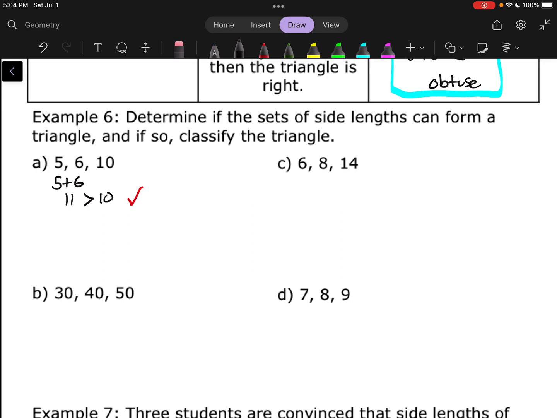So now we're going to do 5 squared plus 6 squared, and compare that to 10 squared. 5 squared is 25, 6 squared is 36, 10 squared is 100. 25 plus 36 is 61. So 61 is less than 100.